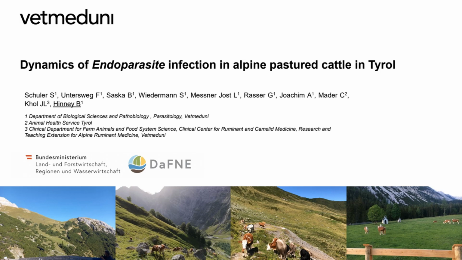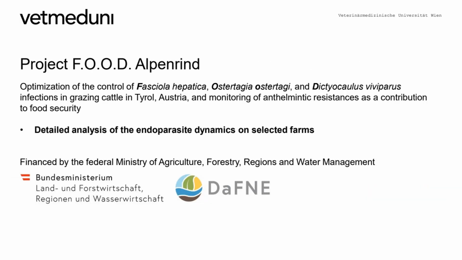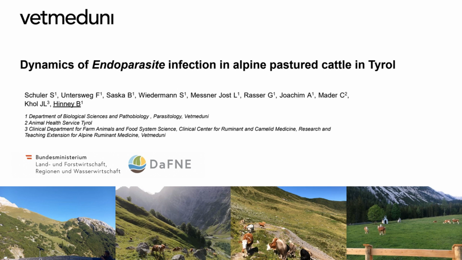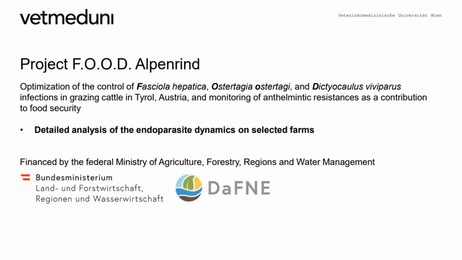Since there's such a high prevalence, we wanted to do a detailed analysis of the endoparasite dynamics on the selected farms. This is also where Severin is involved, but also other doctoral students like Florian Untersweg and Barbara Saska, and some more.